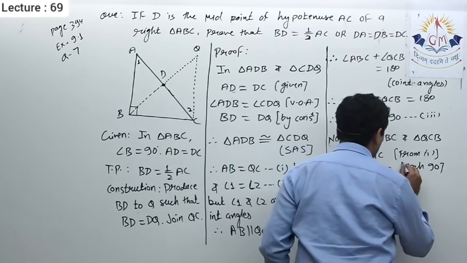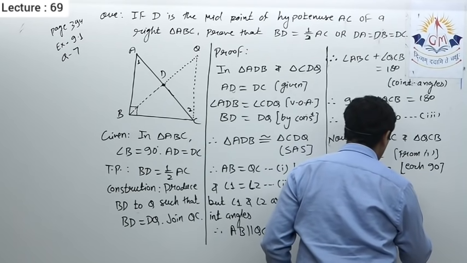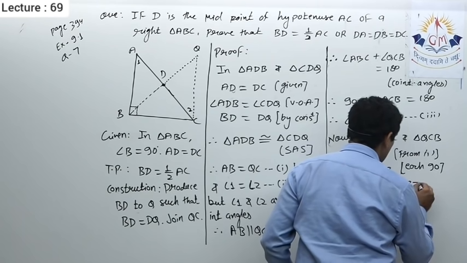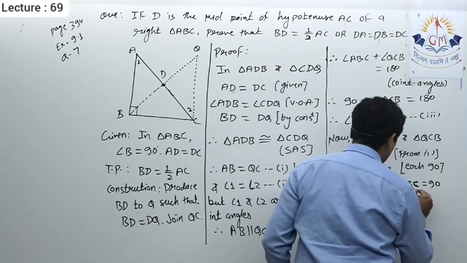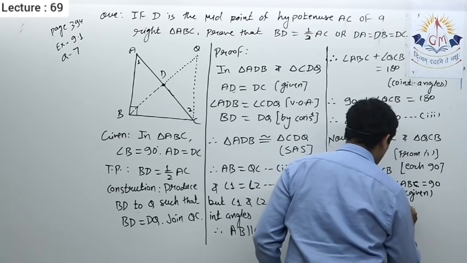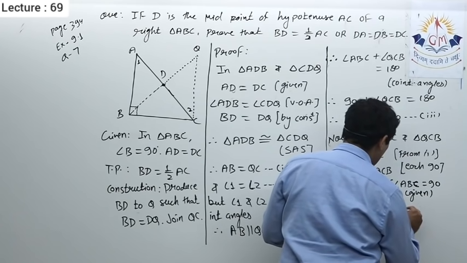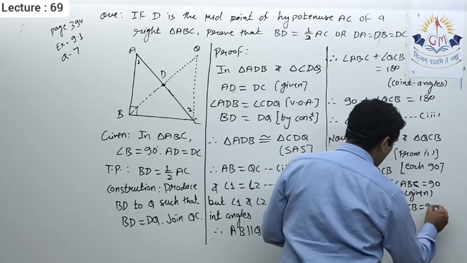Here, if you want to write the reason, you can write angle ABC equal to 90 degrees given, and angle QCB equal to 90 degrees from third.